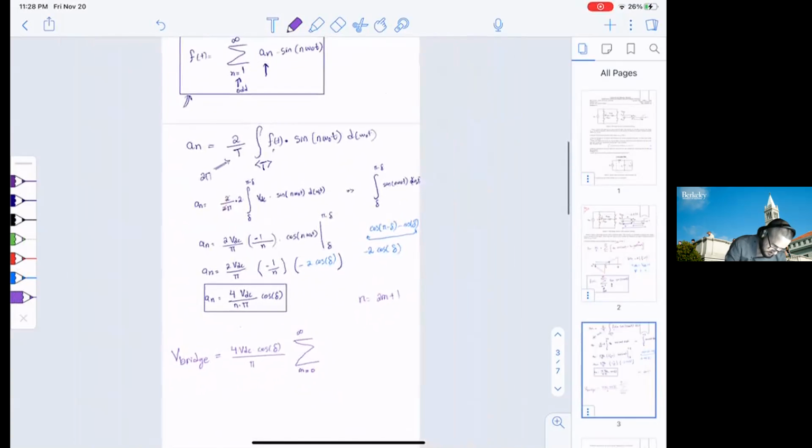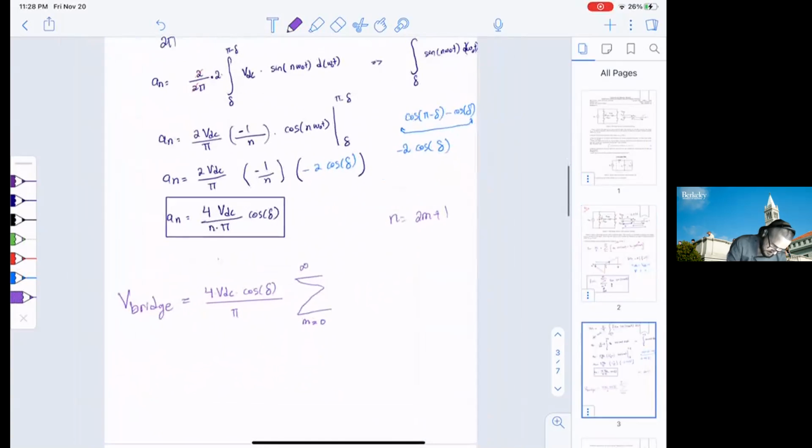Now I want to put the n inside, so 1 over 2m plus 1, which was 1 over n in that case.